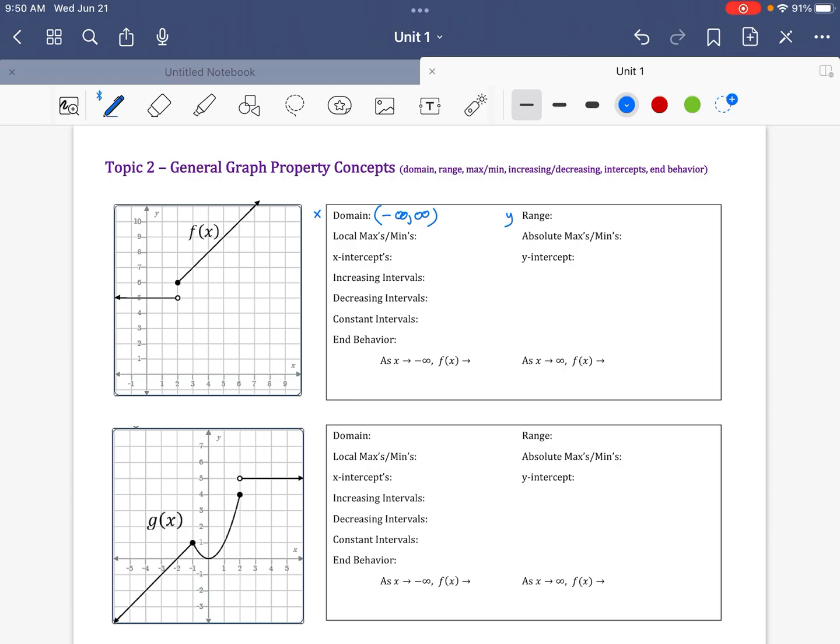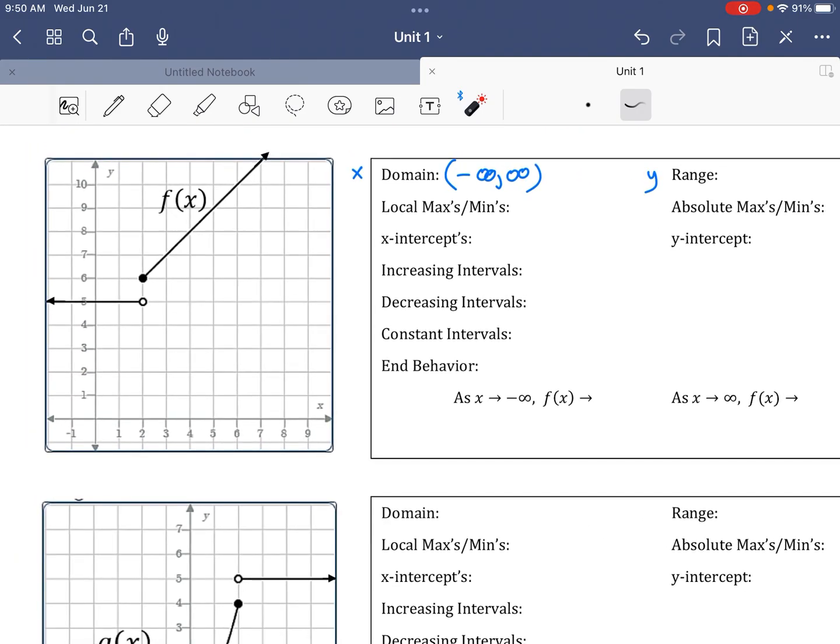All right, range. So range, I have to look up and down, right? So I want to look at every y value. Well, this graph, there's nothing down here until I get to the number 5. Okay, so it exists at 5, and then there's another gap, and then it starts existing from 6 on up. So it keeps going up, up, up, up. So everything from 6 up it exists for.